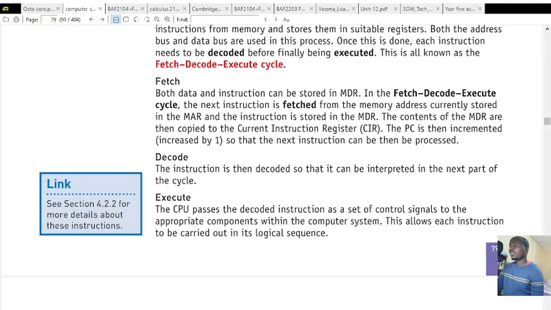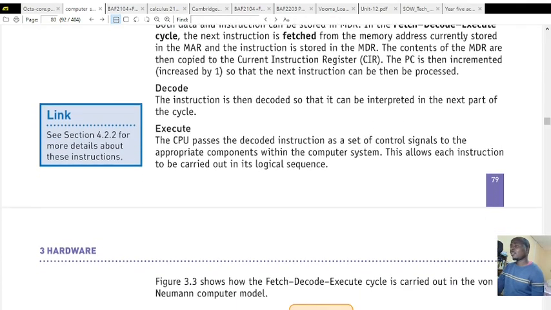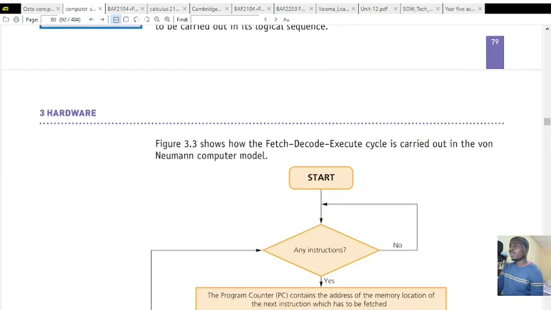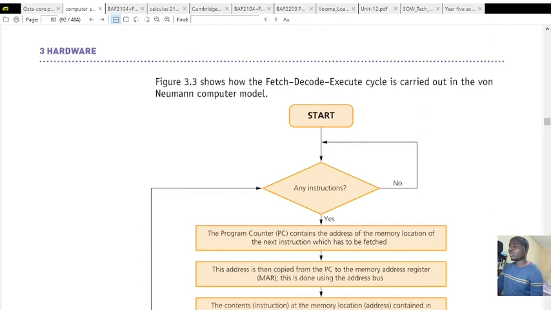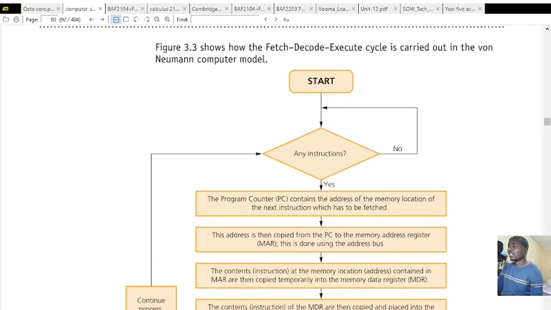Now let me just take you through how it takes place. There's this diagram here, which I believe is much easier to understand, so that you are able to see what normally goes on behind your computer within the central processing unit. So this is how it starts.